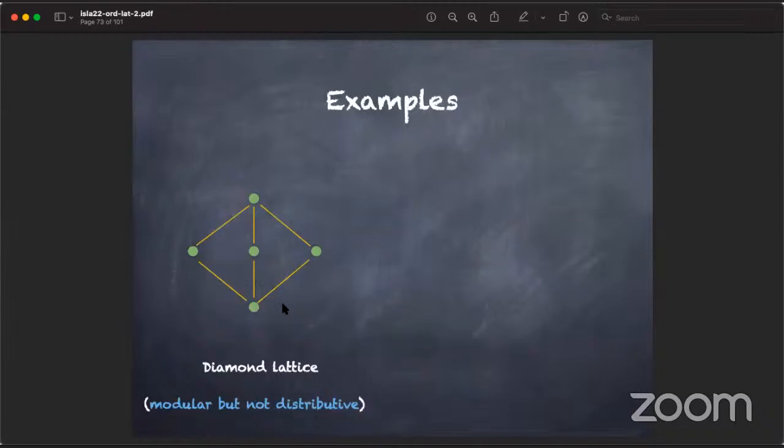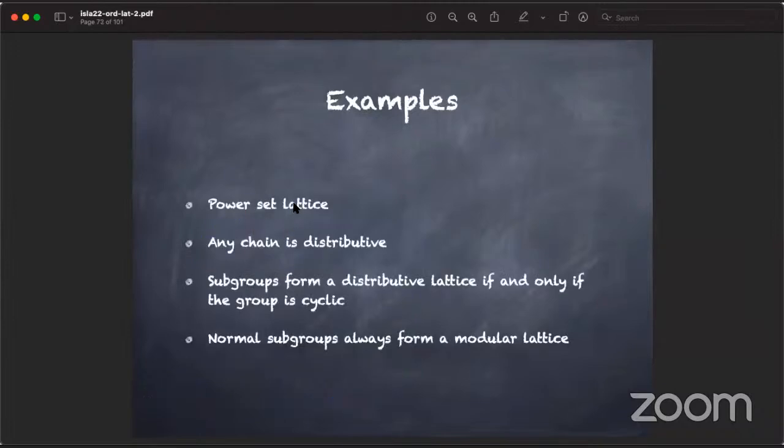Now, can you think of a collection of normal subgroups which will have the same structure? If you can come up with a collection of normal subgroups which will have the same structure, then you are through by what we just mentioned here.